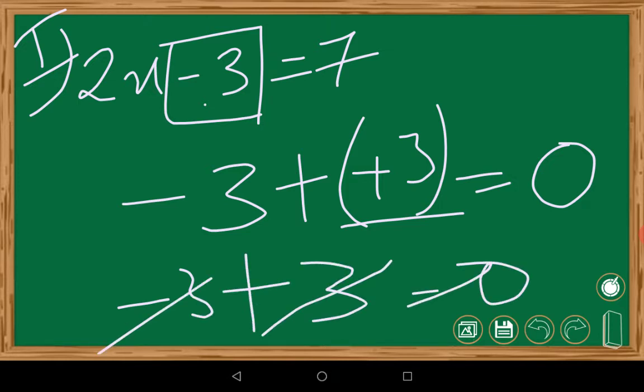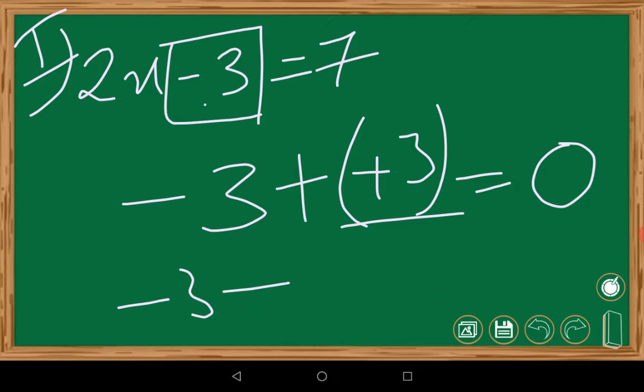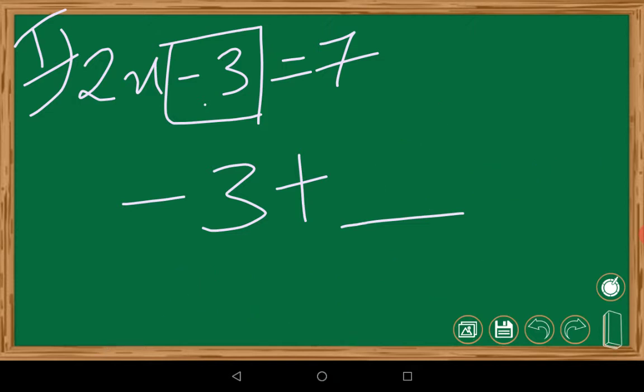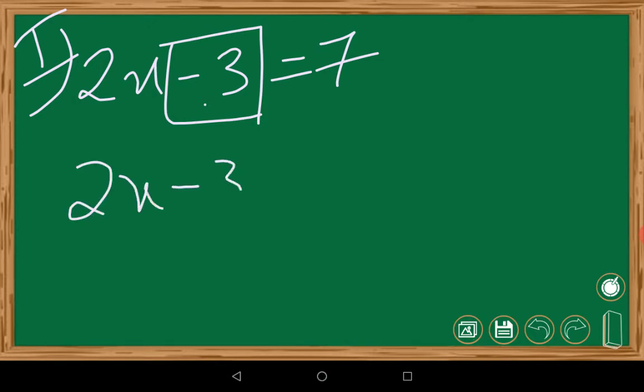So by this, why have x gone there? Because we have to deduct this value by balancing both. So 2x minus 3 plus 3 we are going to do. But here if I don't do any operation, what will happen? It will be disturbed and it will be unbalanced. So what we have to do? We have to add 3 here also.